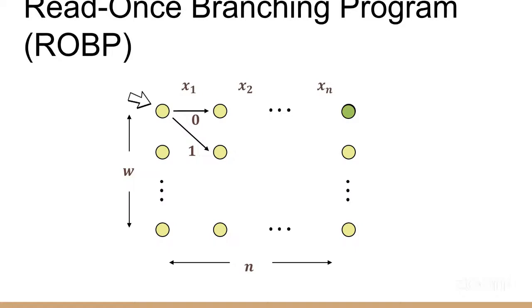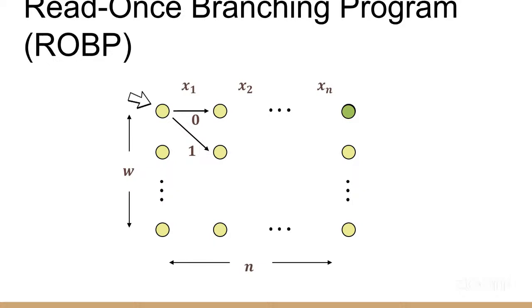These edges can be in any order. It's not that with a 1 you are always going down. It can go to any vertex in the next layer.